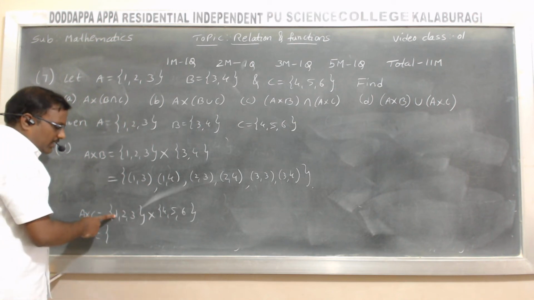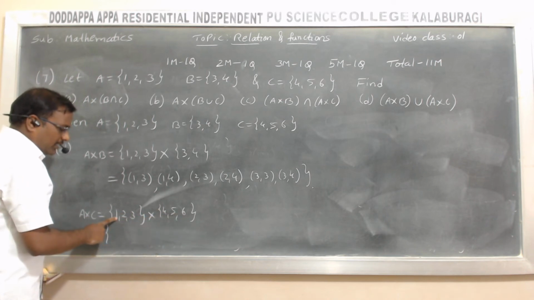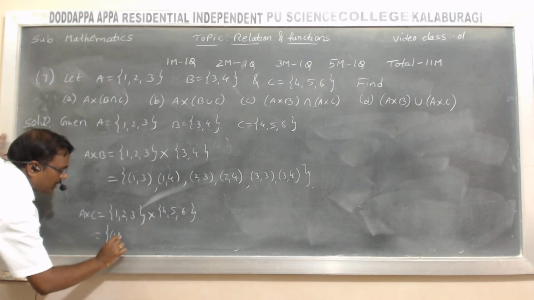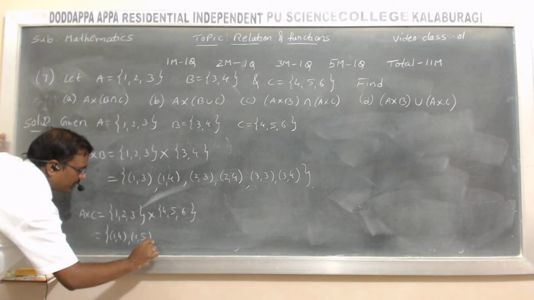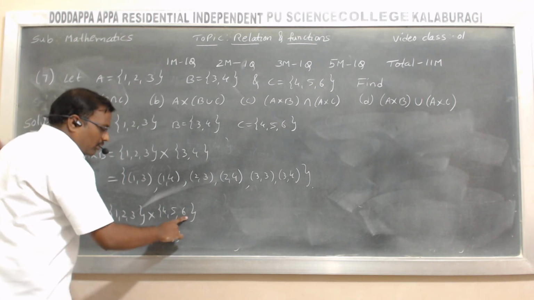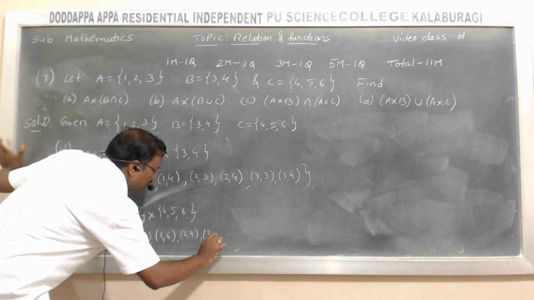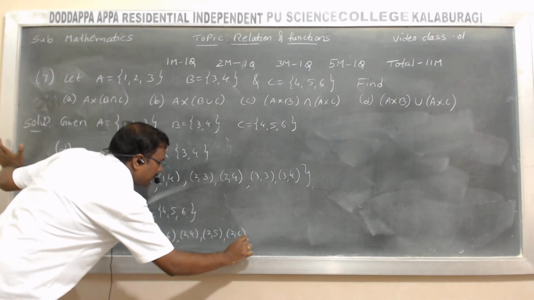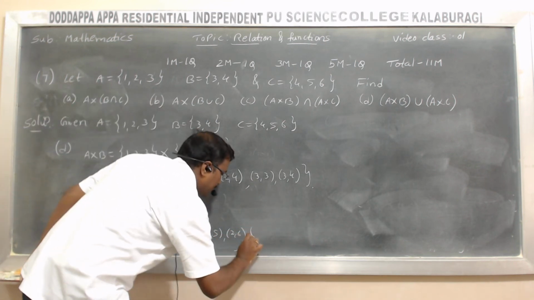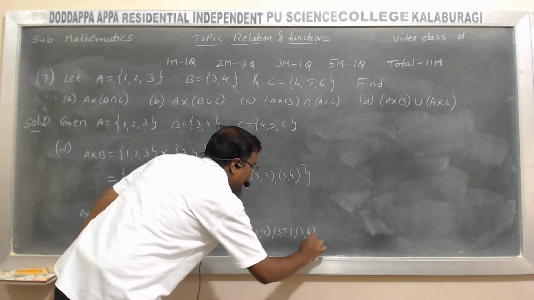Here the first element is 1, and here the first element is 4, the second element is 5, the third element is 6. So the first element is related to all three elements, that is (1,4), (1,5), (1,6). Similarly, the second element is related to all these elements, that is (2,4), (2,5), (2,6). Similarly, the third element is related to all three elements, that is (3,4), (3,5), (3,6).